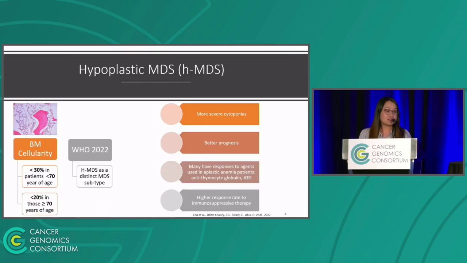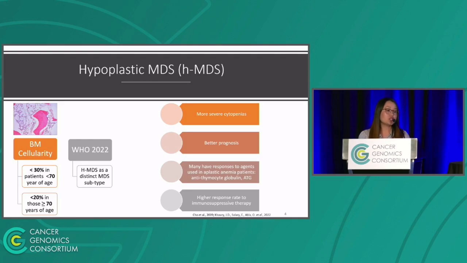Hypoplastic MDS is defined as bone marrow cellularity less than 30% in patients younger than 70 years of age, or less than 20% in those older than 70 years of age. WHO 2022 classifies hypoplastic MDS as a distinct MDS subtype.